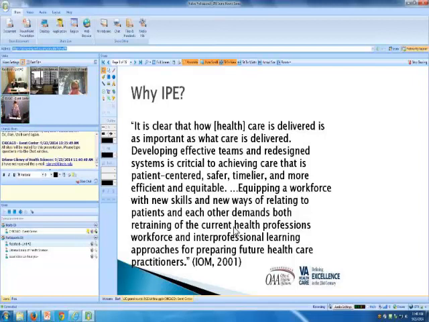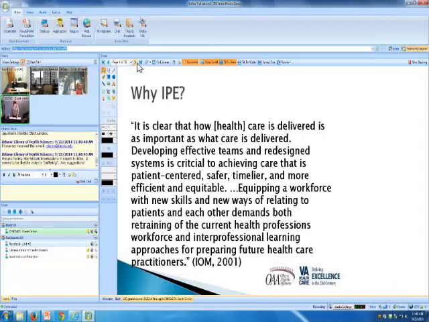Equipping a workforce with new skills and new ways of relating to patients and each other demand both retraining of the current health professions workforce and interprofessional learning approaches to prepare the future practitioners. So, quite a while back, 2001, I think we're still working on it.